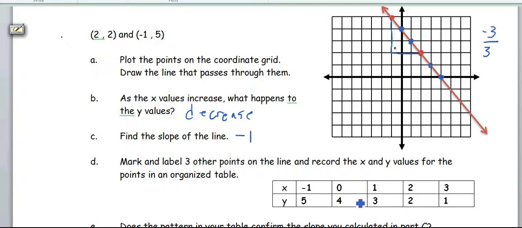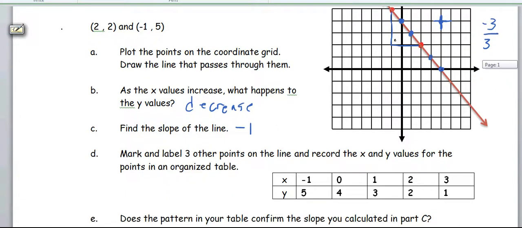So I can fill out other values. We're not looking for points that are not in the corner of one of these boxes. If you see up here in the top right where the lines are crossing, what I want is to find where the line goes right through a corner point like that. Okay?